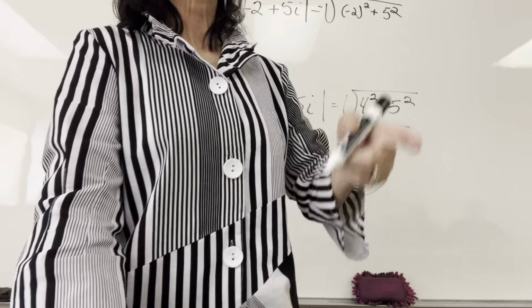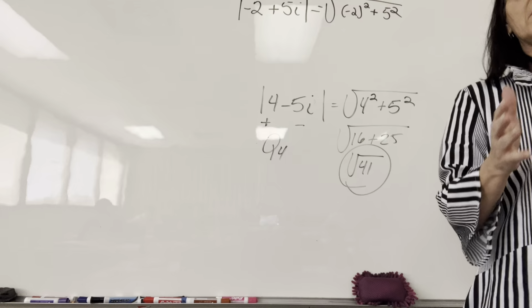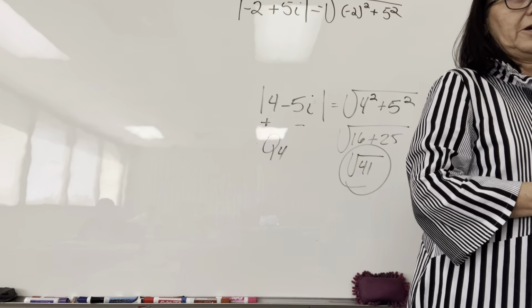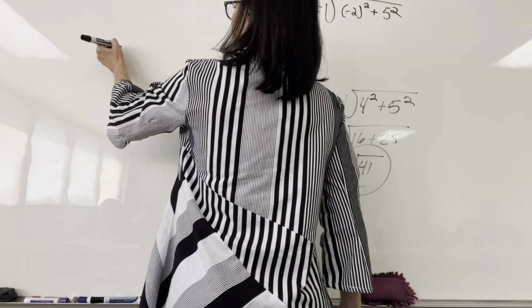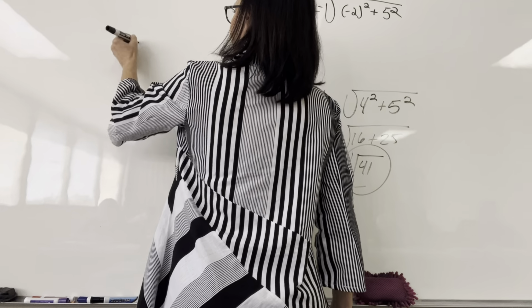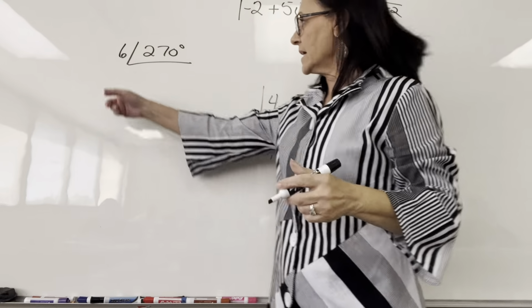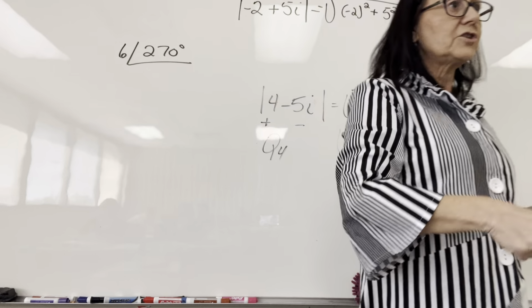The modulus matters when we get to vectors. Because remember, we went between rectangular and polar form last year. So polar form looked like 6 at 270 degrees, 6 being your magnitude and 270 degrees being the direction of the vector.